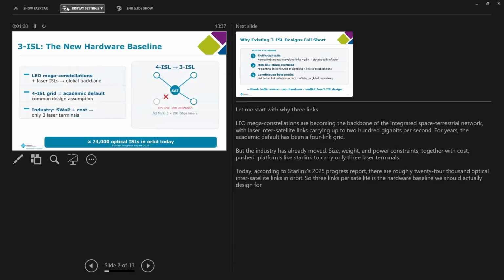Let me start with why we research the 3-link problem. Nowadays, low Earth orbit satellites are becoming the backbone of the integrated space-terrestrial network, with laser inter-satellite links carrying up to 200 gigabytes per second. For years, the academic default has been a 4-link grid, whether X grid, star grid, or motif. But the industry has already removed the 4th link due to size, weight, and power consumption constraints.